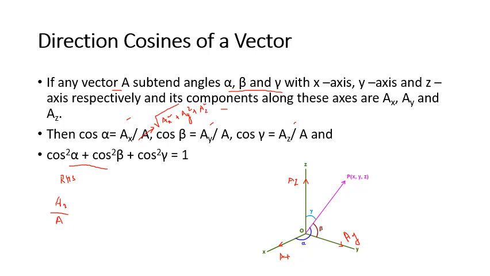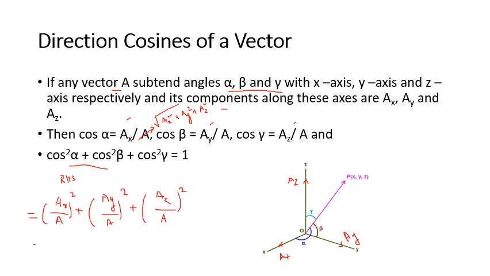So Ax by A the whole squared, and similarly Ay by A the whole squared plus Az divided by A the whole squared. So this is your left hand side.